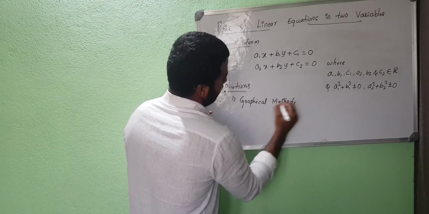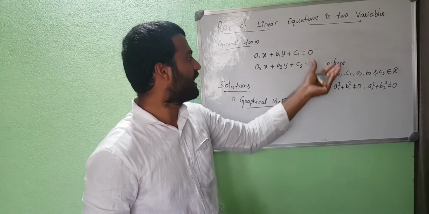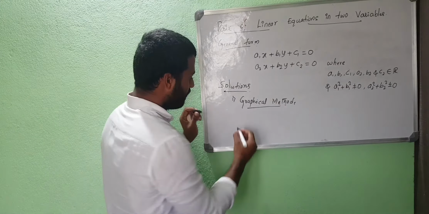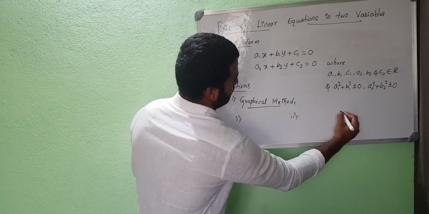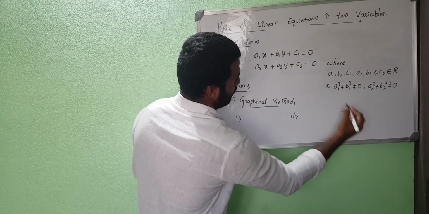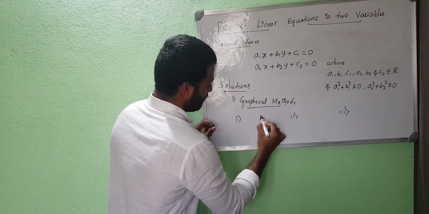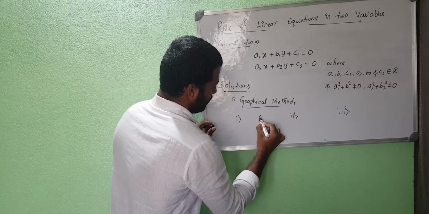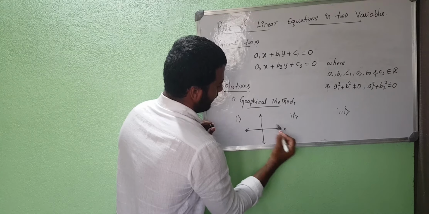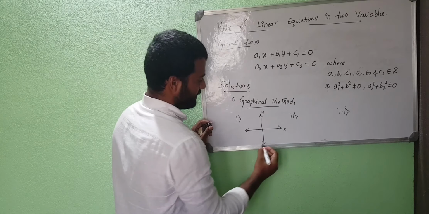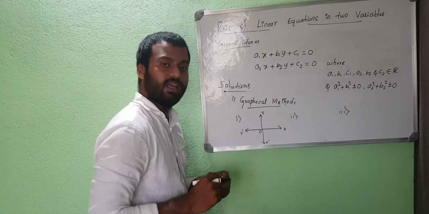Now, how will the graph of this pair of linear equations be? There will be three types. This is the x-axis and y-axis, negative x-axis, negative y-axis, and the origin.